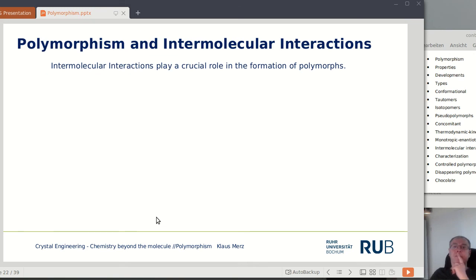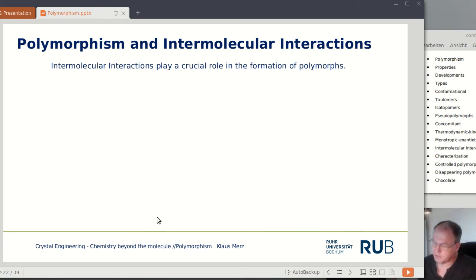Okay. Next point. If you're talking about polymorphism, very often we must talk about the involved intermolecular interactions to stabilize one of the desired polymorphs.